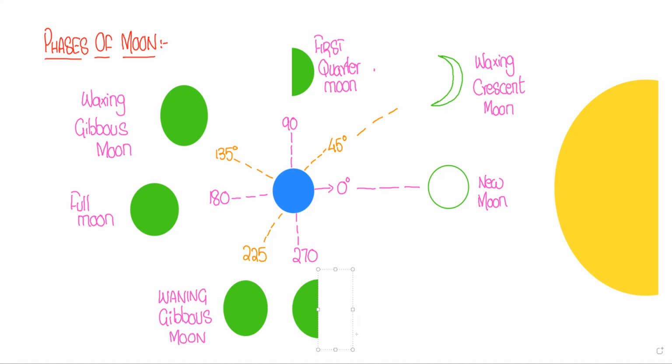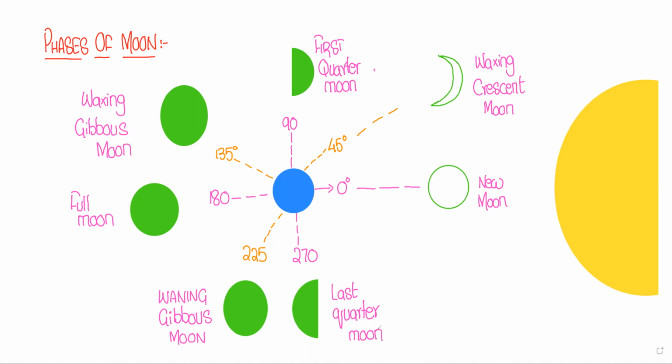So again, we observe the quarter moon, but that is not the first quarter. That is the last quarter, because now we are not going to observe the complete moon. So that's why we are covering the last quarter of the moon.